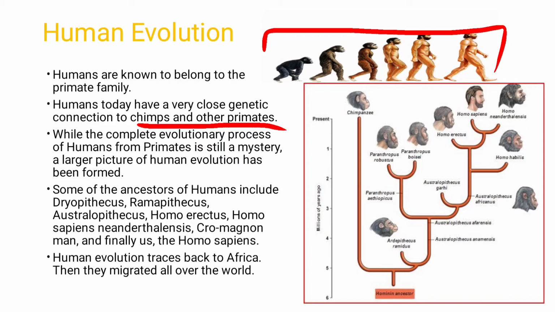While the complete evolutionary process of humans from other primates is still a mystery, a large picture of human evolution has been formed. It is also believed that human evolution traces back to Africa, and humans migrated all over the world from Africa.